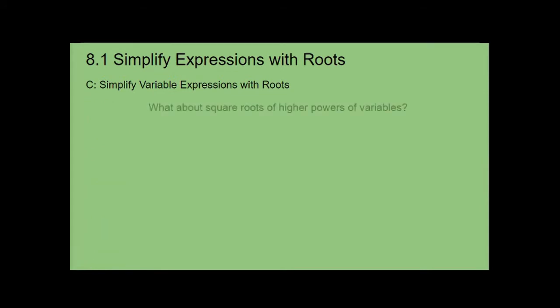So what about square roots of higher powers of variables? What if we need to take the square root of something, but there's a higher power inside the radical? It's not just a square root of something squared. Well, we need to remember the power property of exponents.